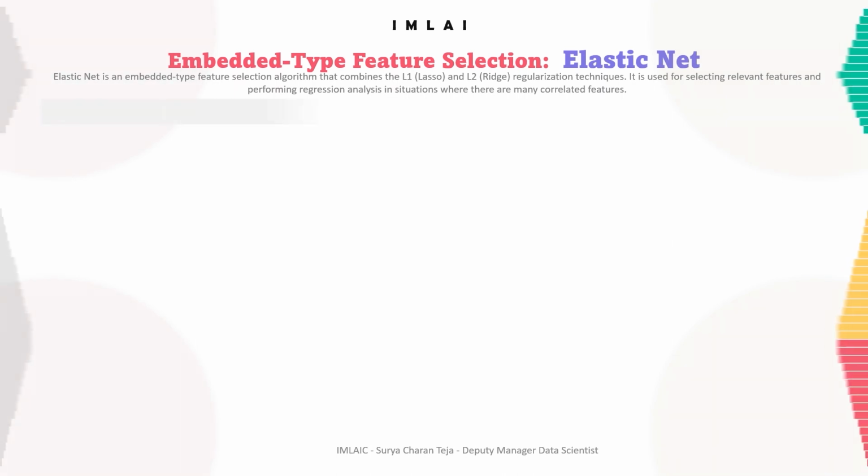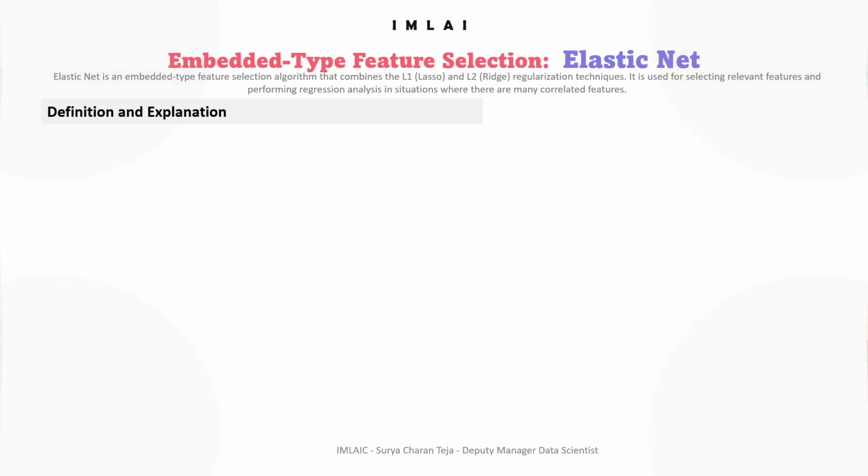So elastic net is a linear regression model that adds both L1 and L2 regularization penalties to the loss function. The L1 penalty encourages sparsity by driving some feature coefficients to exactly zero, effectively performing feature selection.